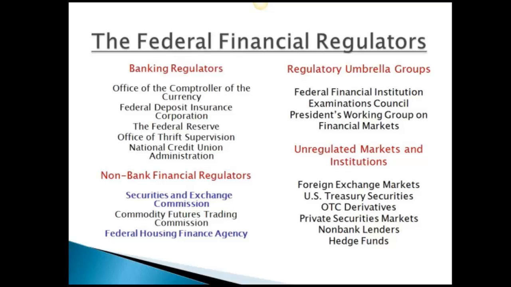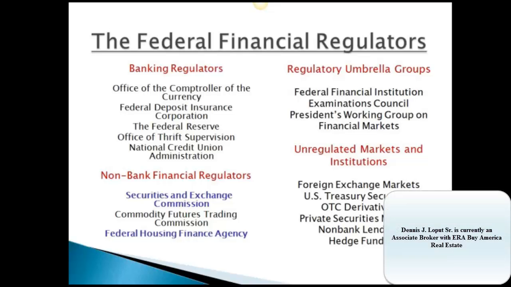So when you're trying to do a loan workout, or the new term, loan modification, because of how it changes hands with these investors, you have banking regulators overseeing all this, the Federal Deposit Insurance Corporation, and the Federal Reserve. There are the non-bank financial regulators when they sell it, when they securitize it, and then the Securities and Exchange Commission, the SEC, gets involved.